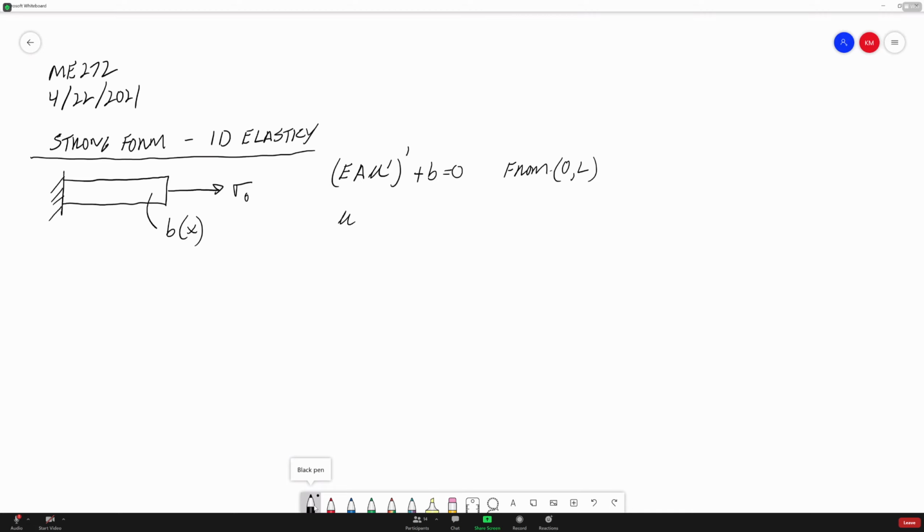And we're going to have a boundary condition that the displacement at 0 is equal to 0. And we're going to state that elastic modulus at the end of the beam times our strain at the end of the beam is equal to our stress.